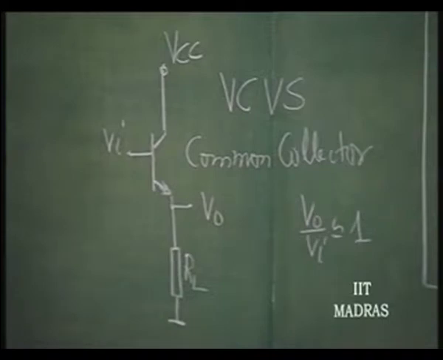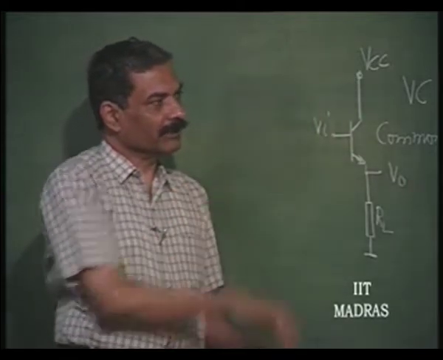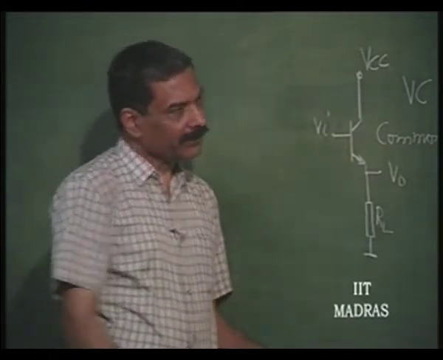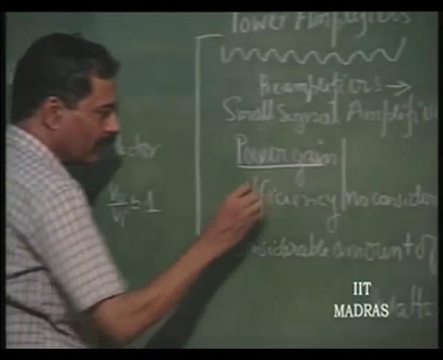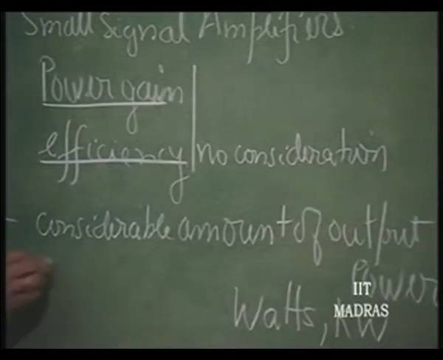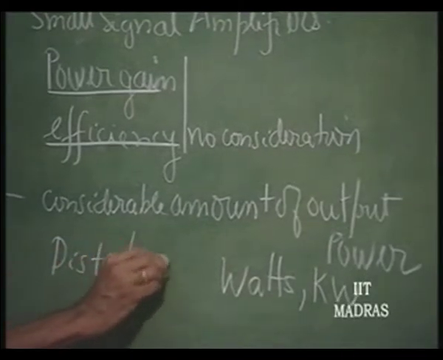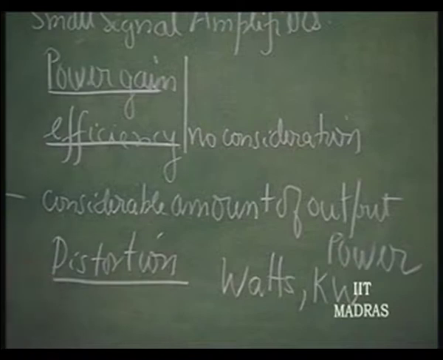And what is going to be the output power, what is efficiency, etc., we will try to understand in terms of this. Apart from efficiency, power gain is an important thing. The other thing of importance in power amplifiers, in fact this is important in all amplifiers, but in power amplifiers it is all the more important because the load is going to be pretty small.